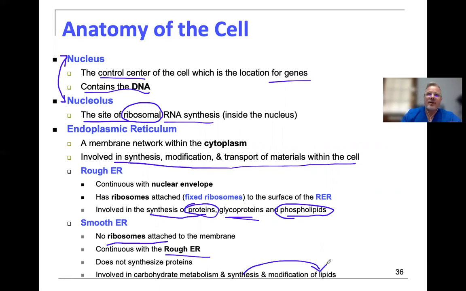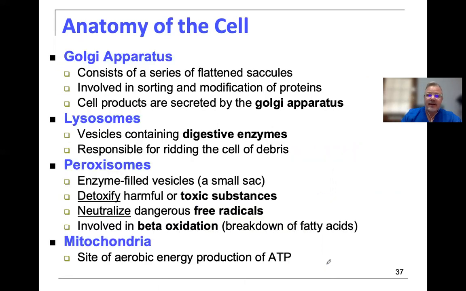So the smooth ER is highly concentrated in the liver because the liver is what is making cholesterol. It produces it primarily in the evening, which is why most people that take cholesterol medication take it at night to block the liver from manufacturing that cholesterol.